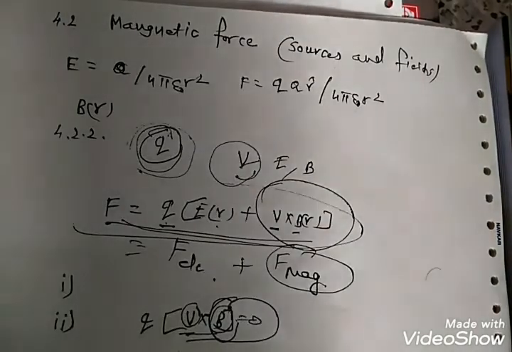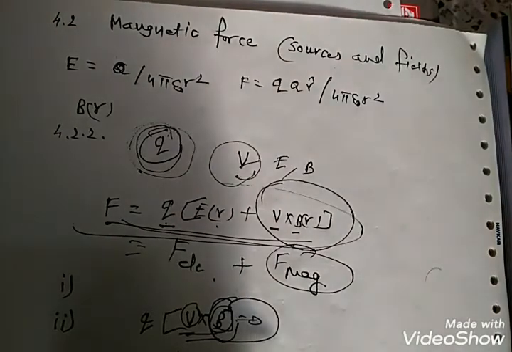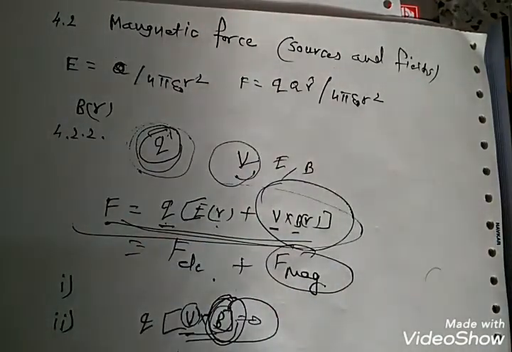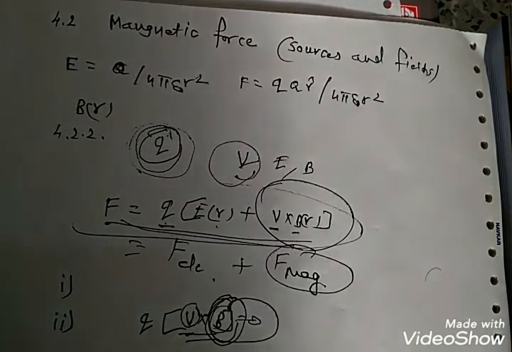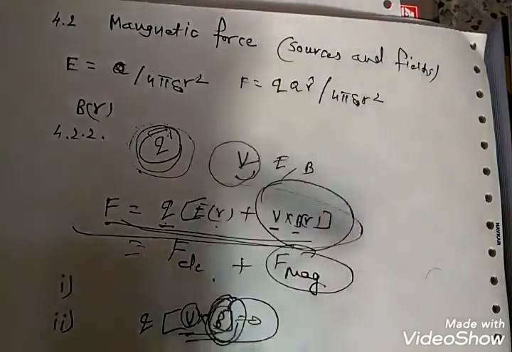The force acts in a sideways direction, perpendicular to both velocity and magnetic field. The direction is given by the screw rule, the right hand rule for vector product. Now the third point is that the magnetic force is zero if the charge is not moving.